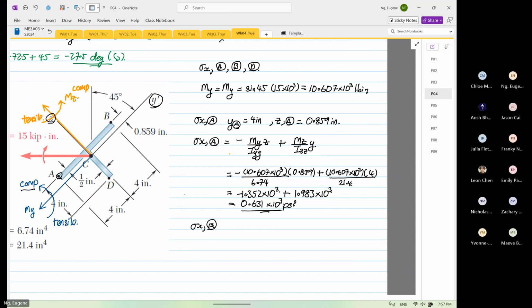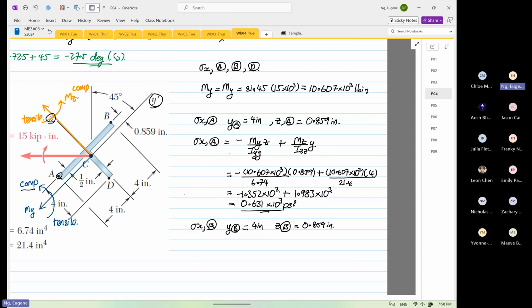And then for B, right? So Y for point B, right? So the Y distance of point B relative to the Z-axis is 4 inches. And Z distance of point B relative to the Y-axis, right, is equal to 0.859.